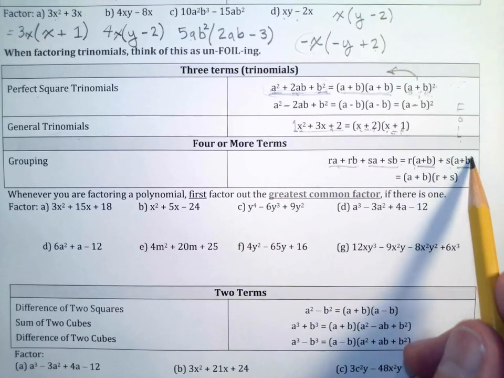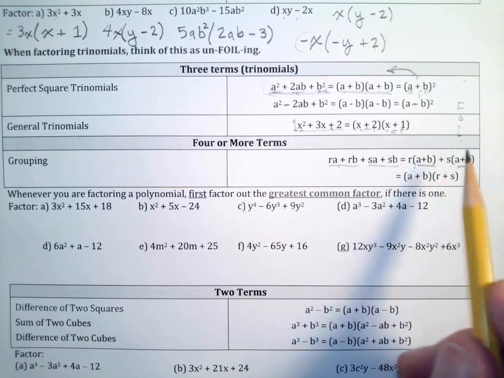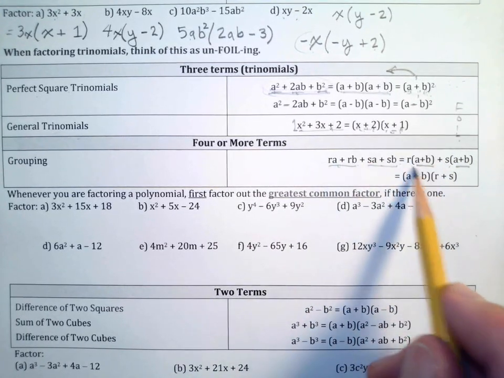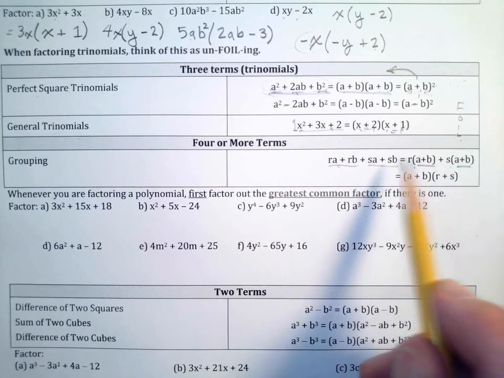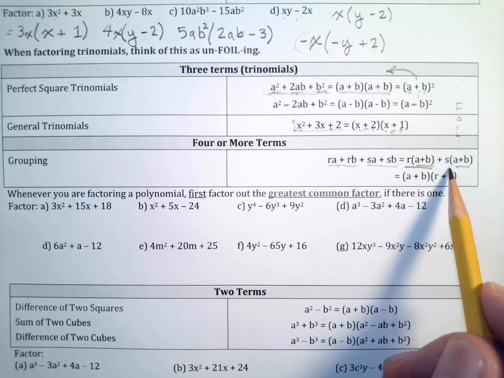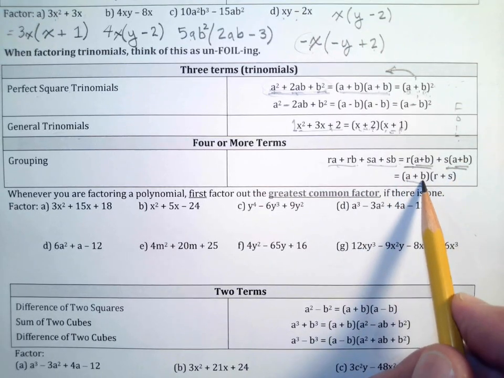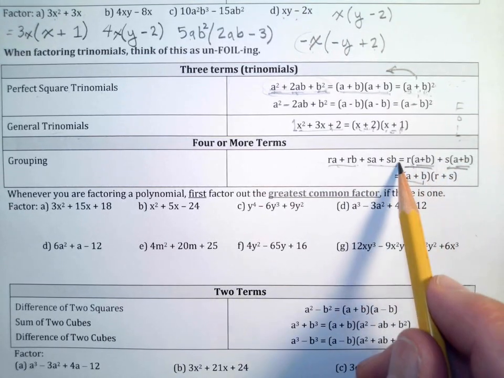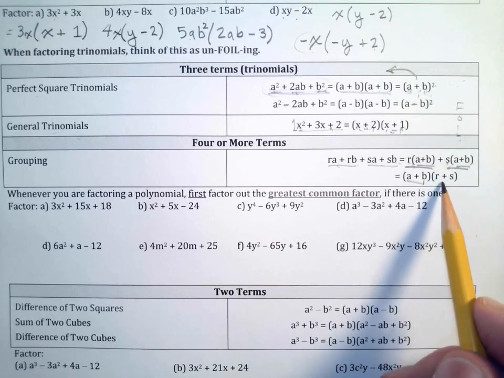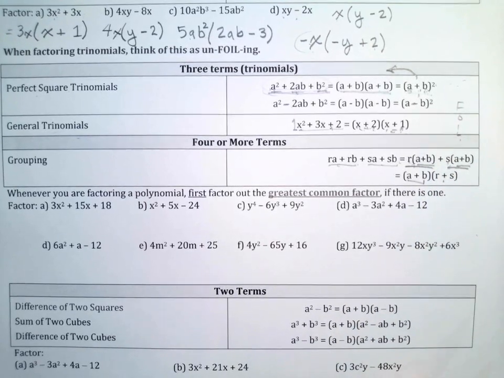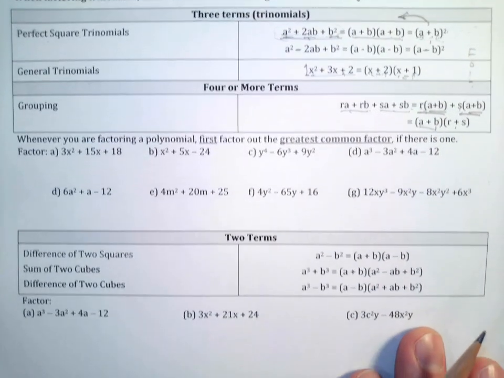If they're identical, then we can think about taking that binomial out. So we factor this parentheses out of each of these terms. We think of this whole thing as a term and this whole thing as a term. And we factor that out in front, A plus B, and then what's left is the R plus S. All right, again, it'll make a little more sense when we go through some examples.